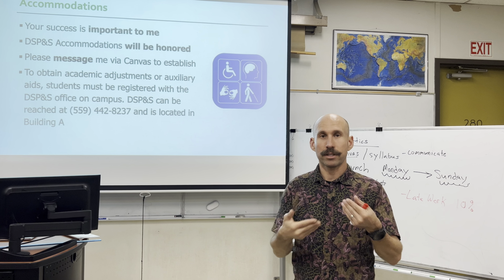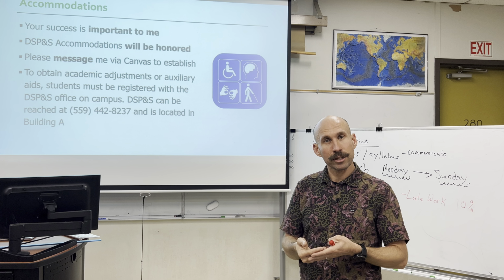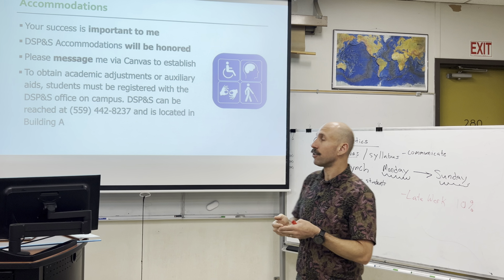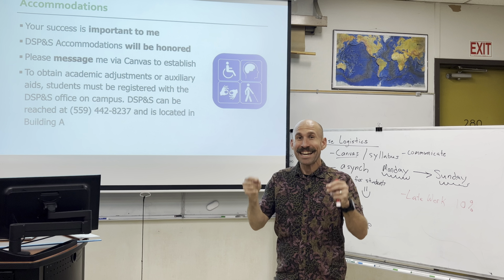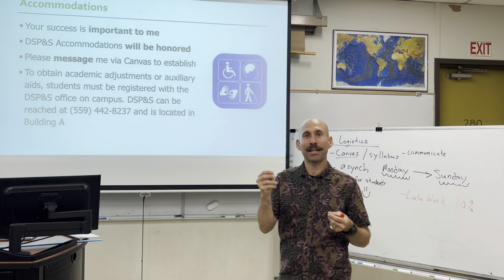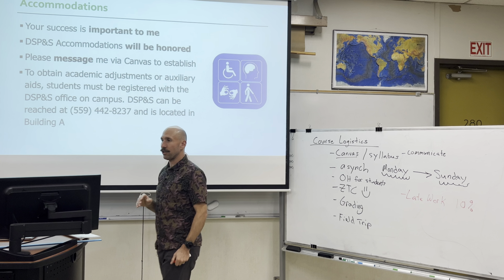Let's open up a conversation. Let's make sure that I am aware of the accommodations that you need and that you are receiving them. So please, if you're watching this and you have an accommodation, message me on Canvas right now, and let's make sure that I can have the notes available that I need to honor your requests, supported by the official documentation the office will send me.